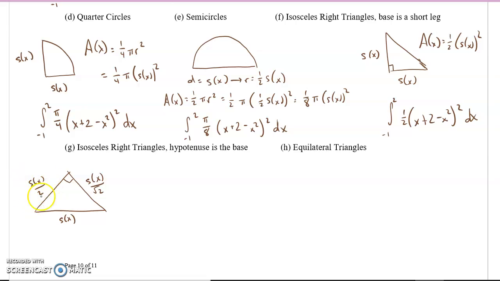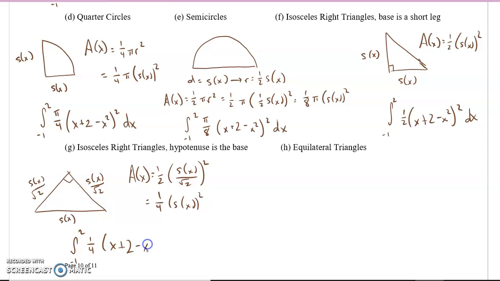So if we call this the base and this the height, like we did over here with the 2 legs, then the area function is 1/2 times s of x over root 2 squared. So 1/2 times 1/2 is 1/4, and then the s of x gets squared. So same idea as this one, but instead of a 1/2, we have a 1/4. So our setup but do not solve integral would be the integral from -1 to 2 of 1/4 x plus 2 minus x squared squared dx.